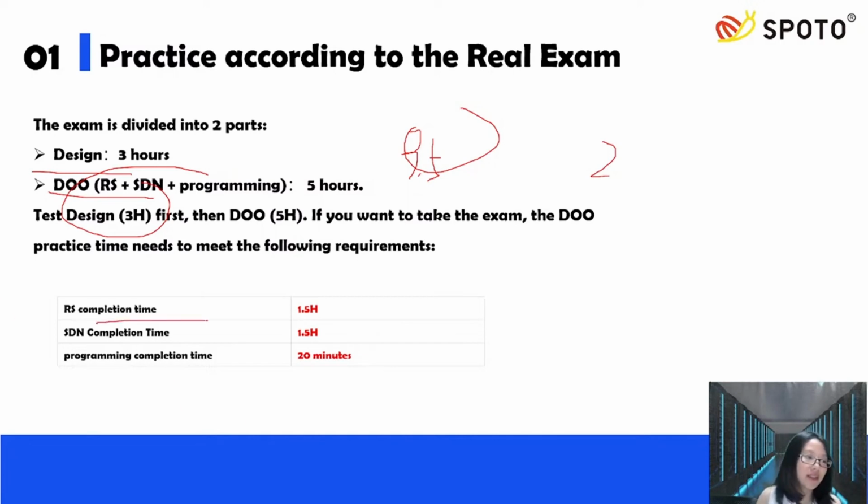Routing and switching each need to be completed within 1 hour. Programming is also simple for you. You need to complete it within 20 minutes. So you must follow my standards strictly, and we will give you an effective test preparation experience.